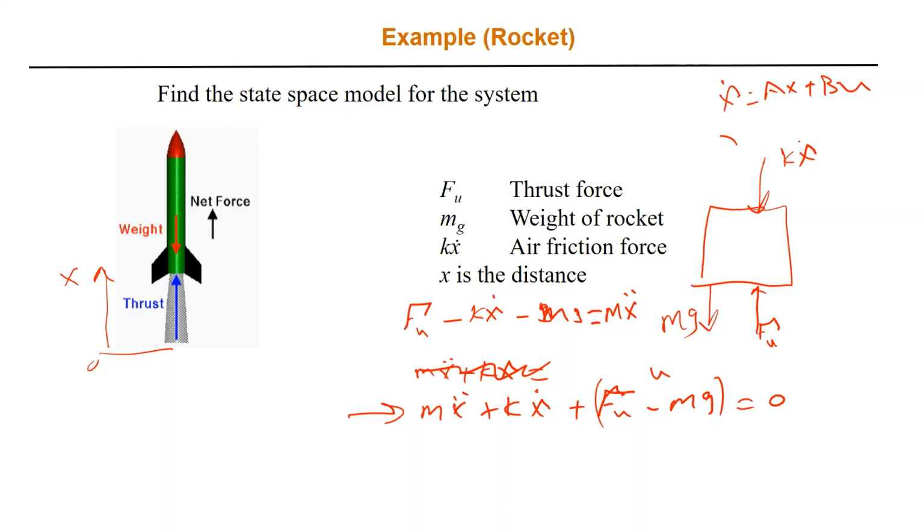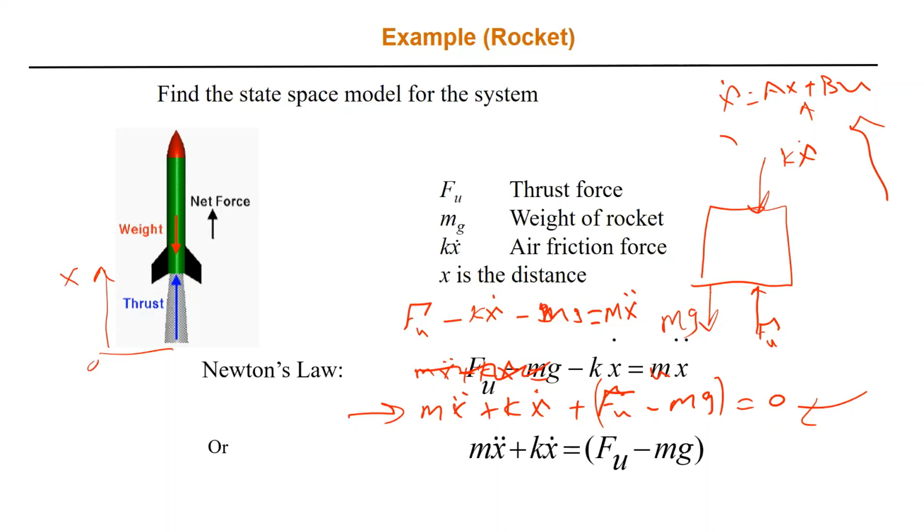I want to convert this into two first order differential equations. So for the state space, the dimension of the A matrix is going to be 2 by 2, or I will have two state variables, because remember, if you have an nth order differential equation, you convert it into n first order differential equations.